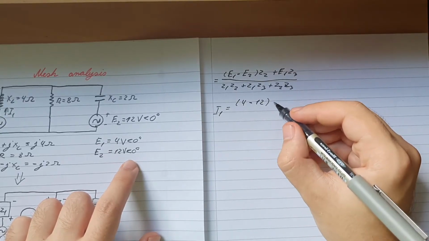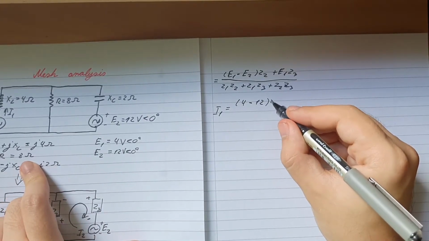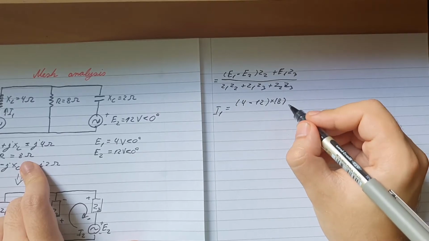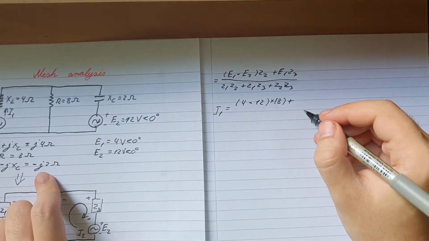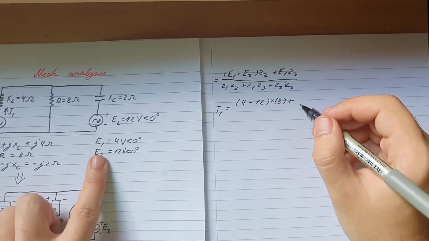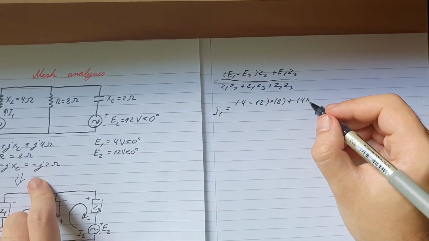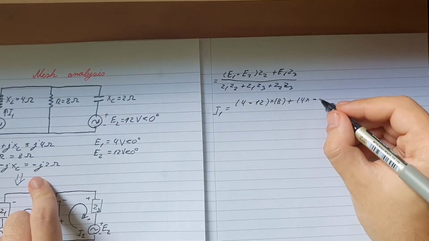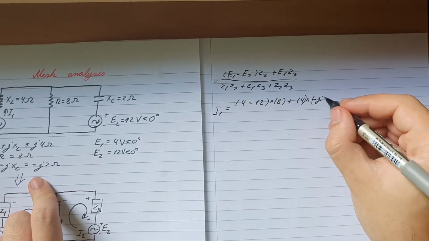Then Z2 is 8 ohms, so that will be multiplied by 8, plus E1, which is 4, multiplied by Z3, which is minus j2.